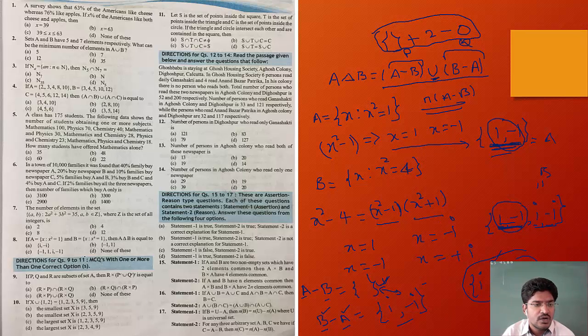So that is your option A. So option A is going to be the correct answer for your question number 8. Clear, students? So don't worry about this number of elements. Don't worry about this, no problem. They have just asked for the union. So just make the union and you will get the correct answer. Clear?